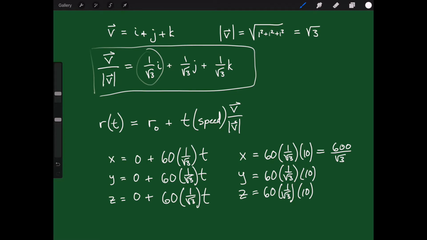I suppose that there is. So this is 600 over root 3, and this is 600 over root 3. So where will this thing be?